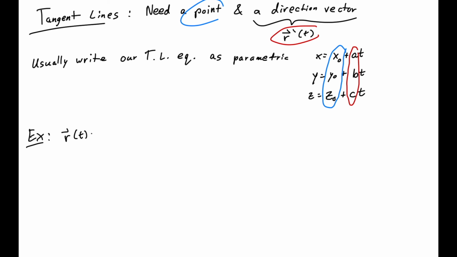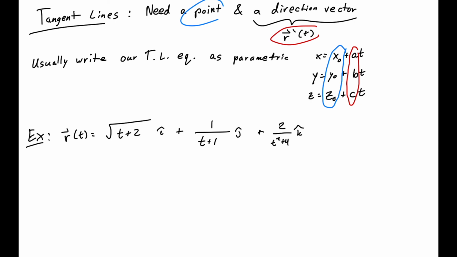So if I have r of t equals square root of t plus 2 in the i component, 1 over t plus 1 in the j component, and 2 over t squared plus 4 in the k direction, can you find the tangent line?